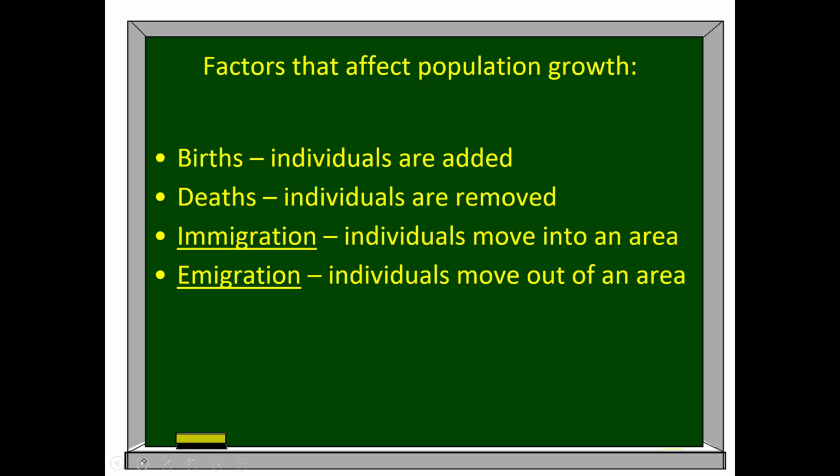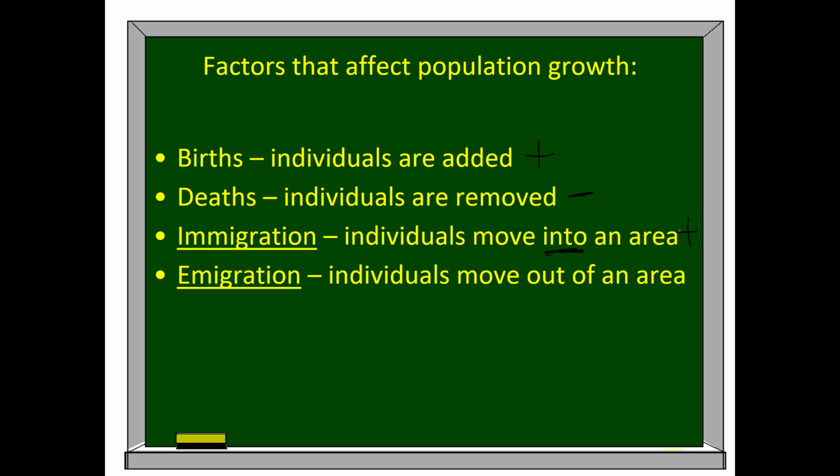Now, other factors that can affect population, obviously you guys know births and deaths. Births, individuals are being added, that can cause the population to increase. Deaths, individuals are going to be removed from that population, so that will cause the population to decrease. So we have an increase and a decrease there. Other things that can happen in a population is we can have individuals immigrate into the area, which is also going to be an addition, an increase in the population number.